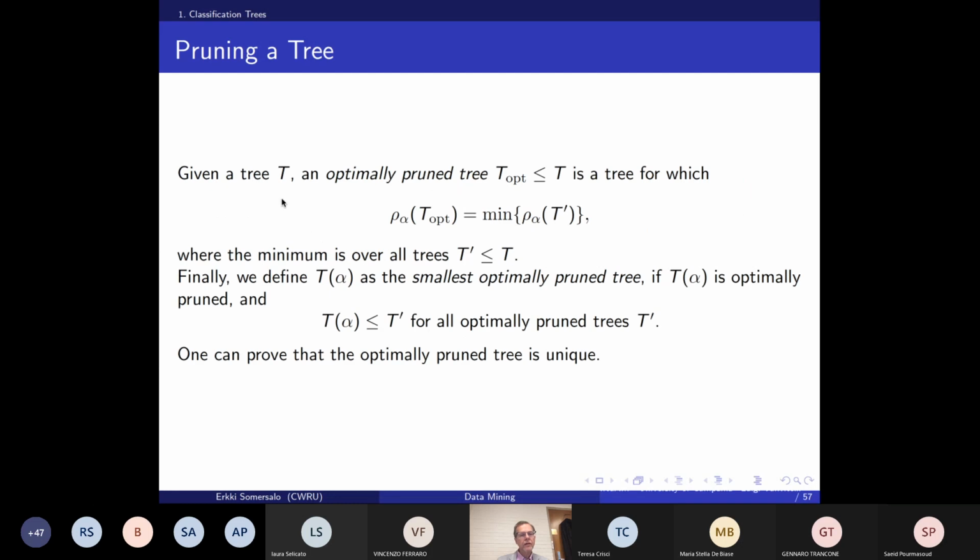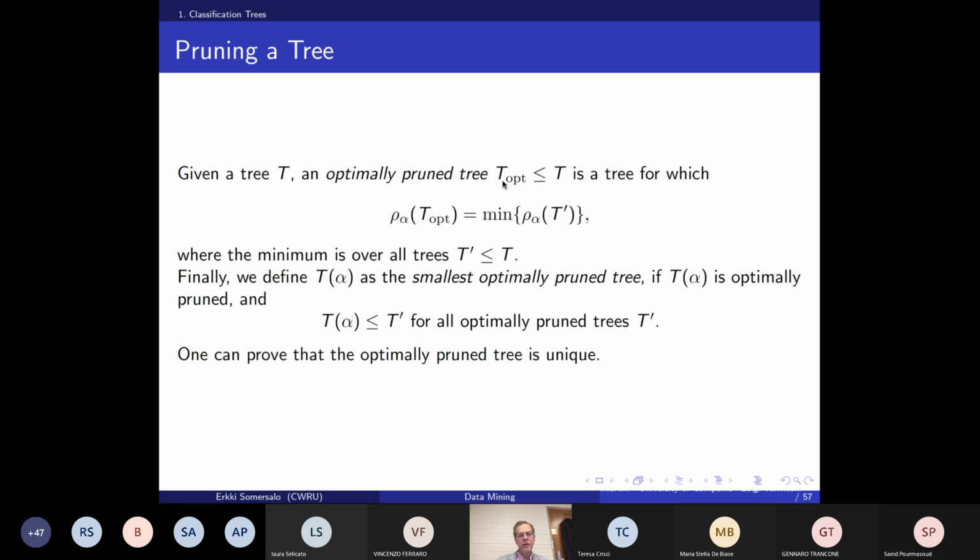Now, we said that we are looking for the optimal tree. So we can say that given an alpha, if alpha is fixed, an optimally pruned tree is the one for which this cost complexity function is minimum, and this optimum is calculated over all possible trees that are obtained from the original tree by pruning.